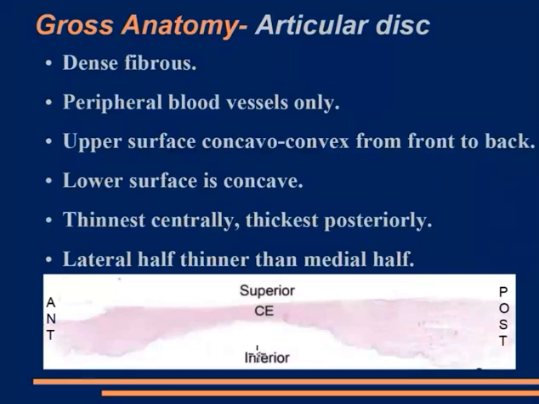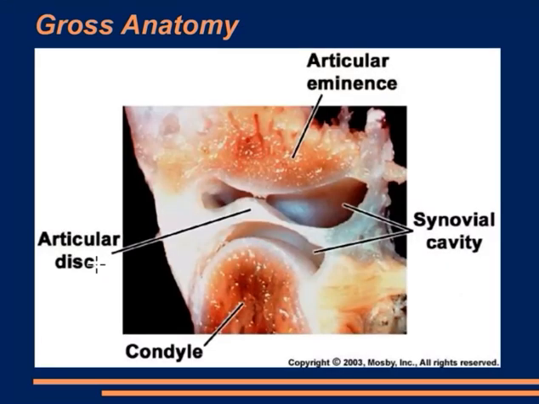So it is thinnest in the center, while the thickest part is posterior, because it has attachments to the capsule. Laterally, it is thinner than medially, and we have the capsule and the temporomandibular ligament laterally to strengthen the attachment. This is the shape of the intraarticular disc.